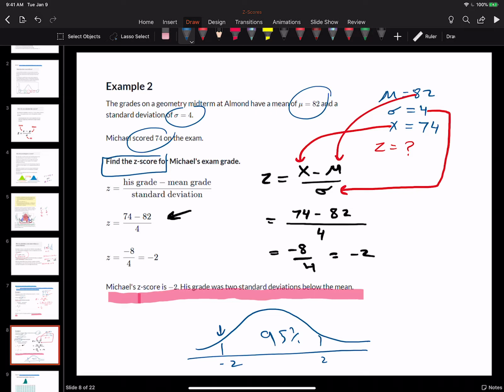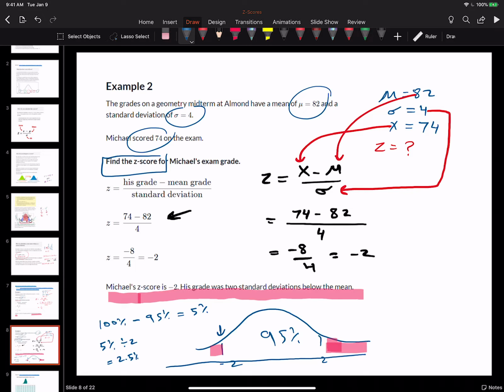That means this portion and this portion is the rest, which is 100% minus 95%, and that is equal to 5%. 5% divided by 2 is 2.5%, which means this is 2.5%.